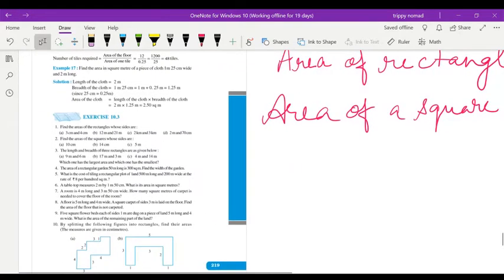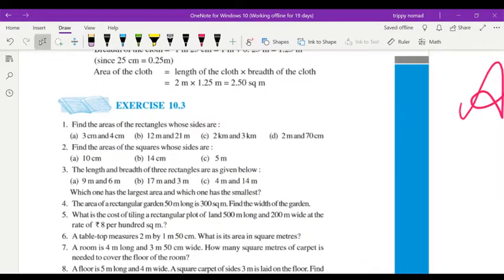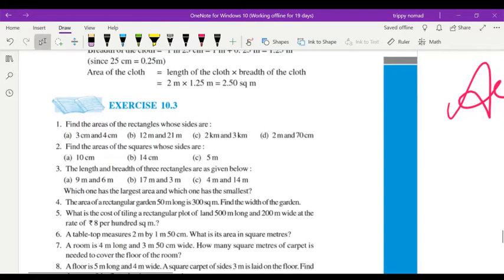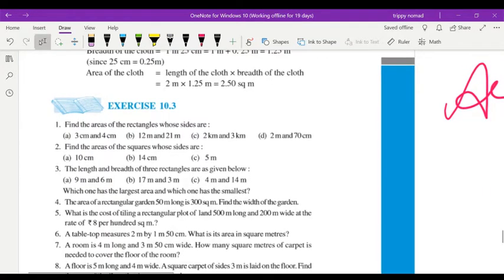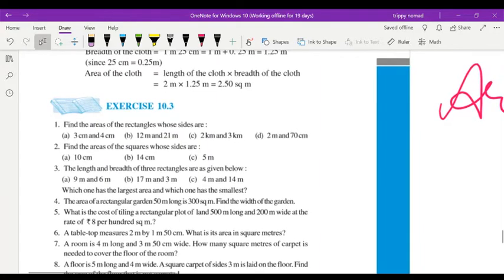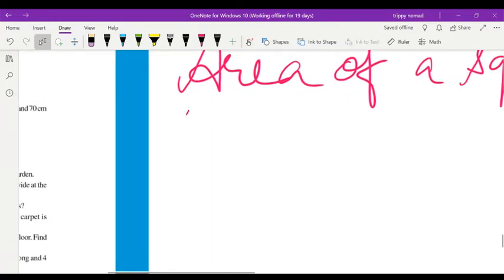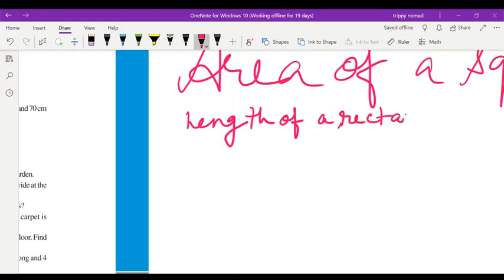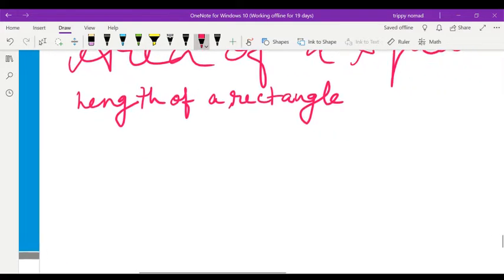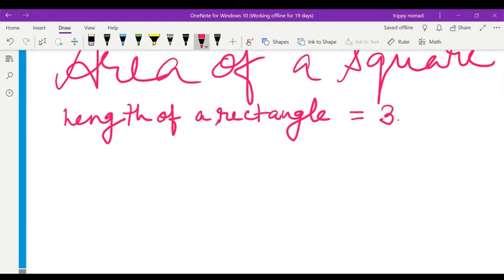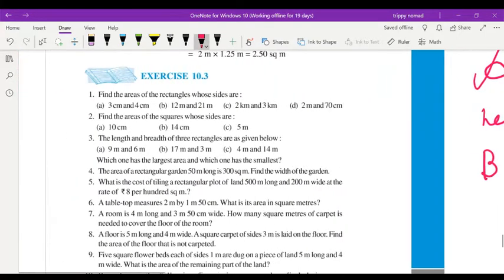So first of all, in the first question there is 3 centimeter and 4 centimeter. So how will you find out? Length of a rectangle is equal to 3 centimeter. Then breadth of a rectangle, you will write completely, that is 4 centimeter.